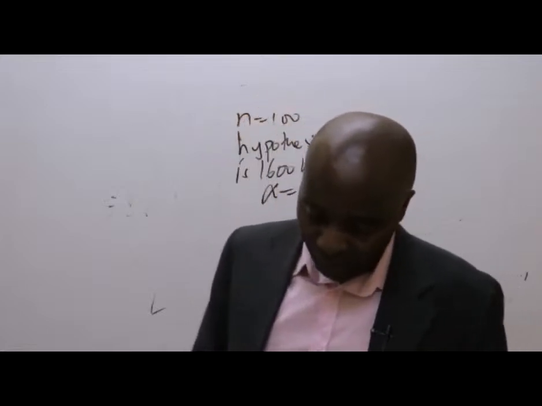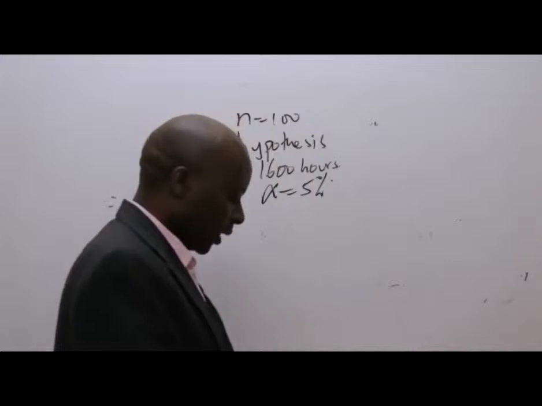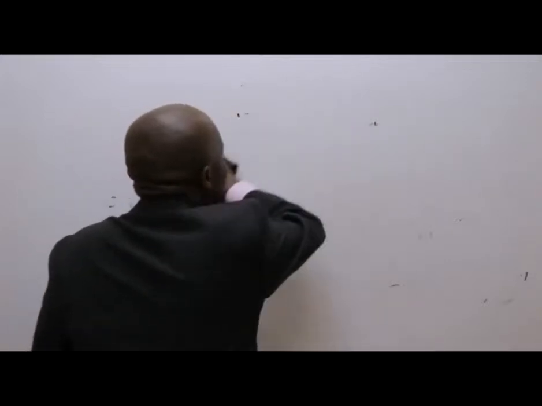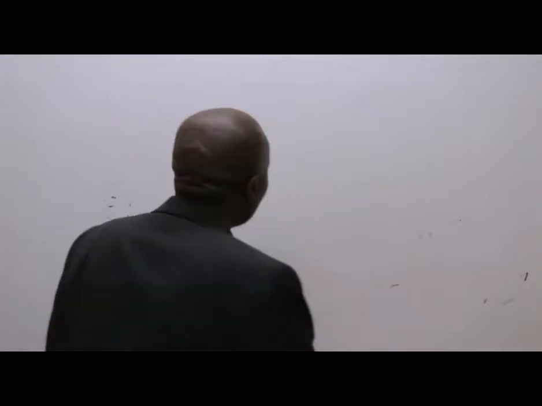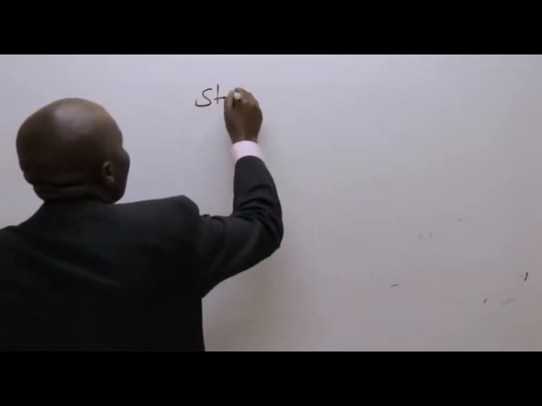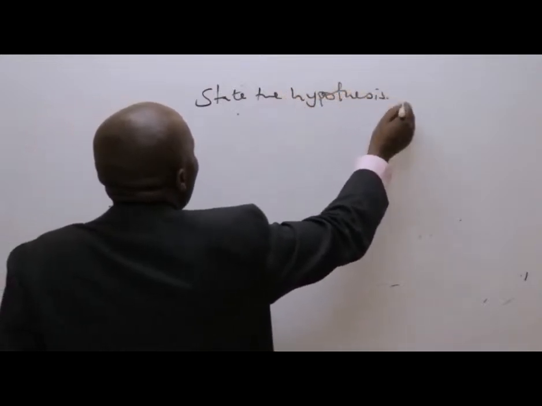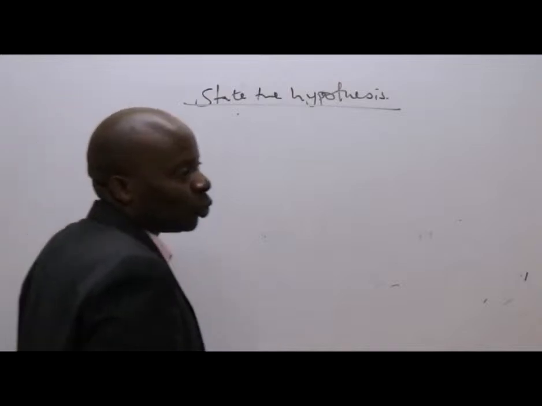This is very, very easy. So how do we get started? We state the hypothesis. So step number 1, state the hypothesis. We normally have 2 claims.